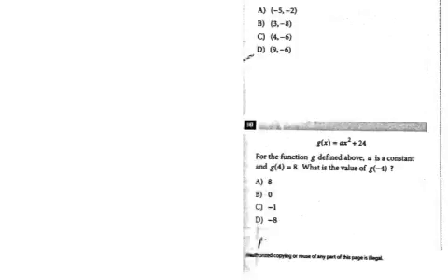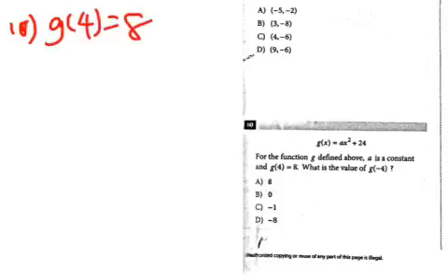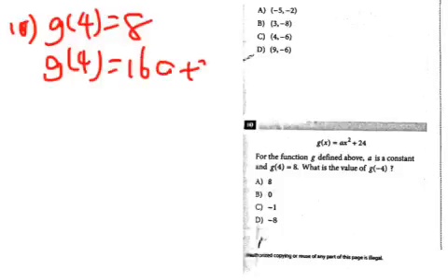In question 10, we have two ways to approach this: one by algebra and the other by graph. Algebra is quite easy. It says that g(4) equals 8, where g(x) equals ax squared plus 24. So I can write g(4) equals a times x squared, x is 4, which is 16a plus 24.